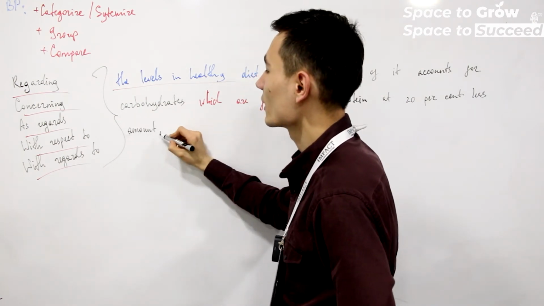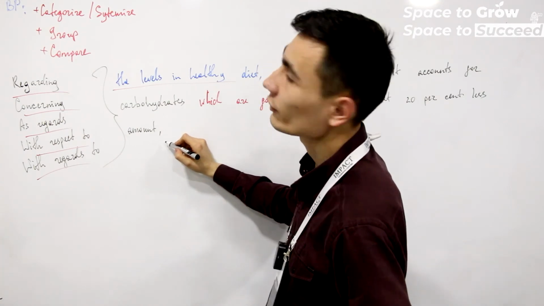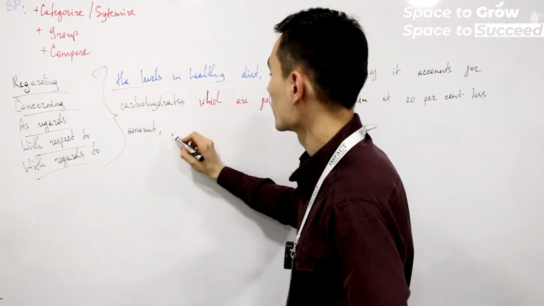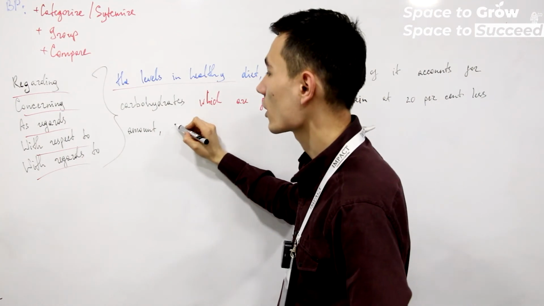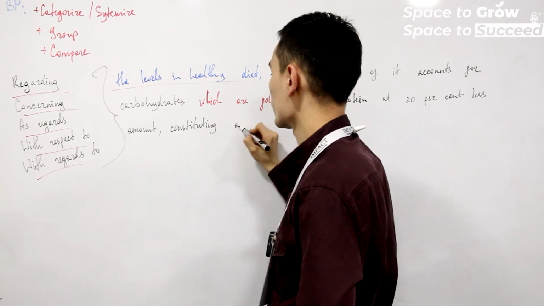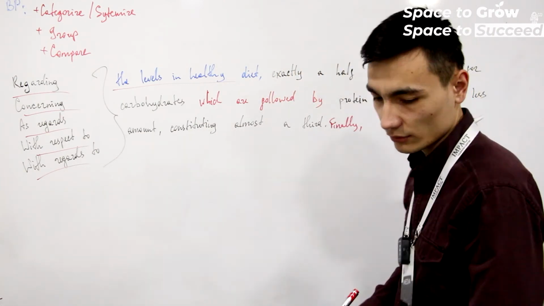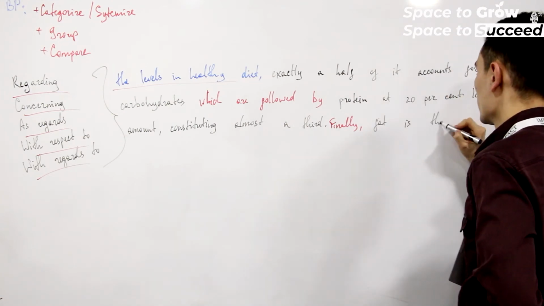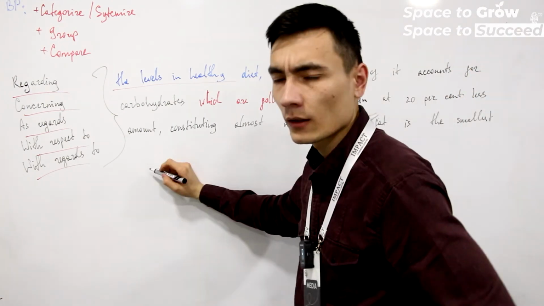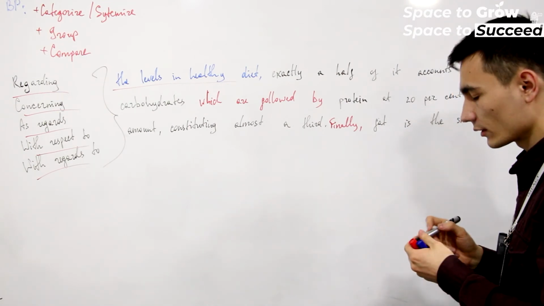I just want to add information, a comment with a participle clause: constituting, makes up for, let's just say. Instead of is, make up for. Makes up for. You go search this word.